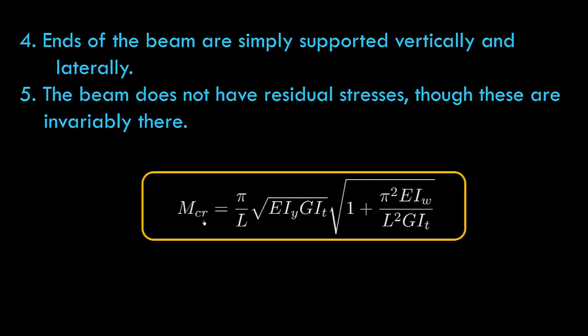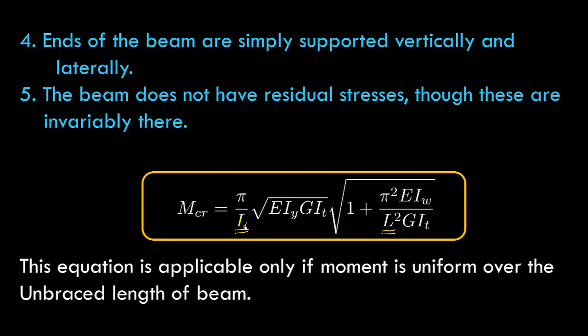So this is the expression for the critical moment that will cause lateral torsional buckling in the beam. One important point in this expression is that we have length, and this length is the unbraced length. So this equation is applicable only if the moment is uniform over the unbraced length of the beam.